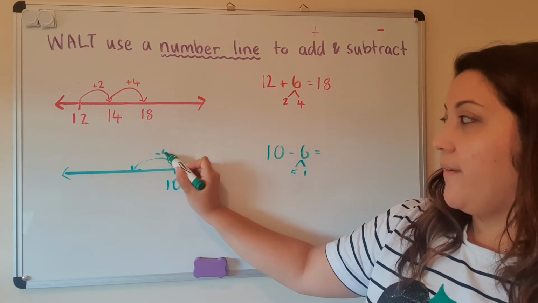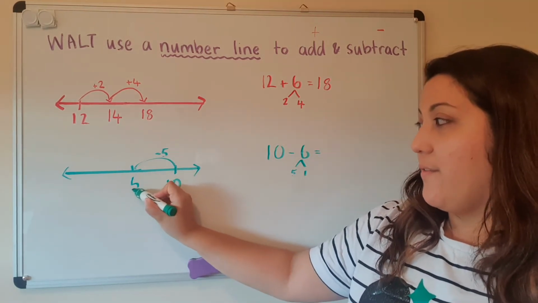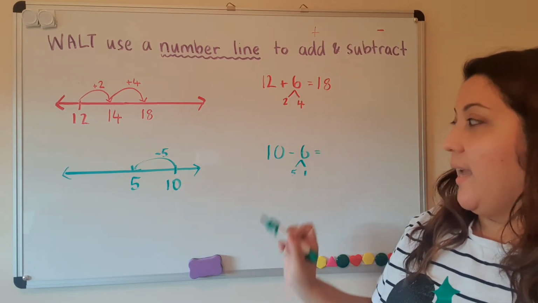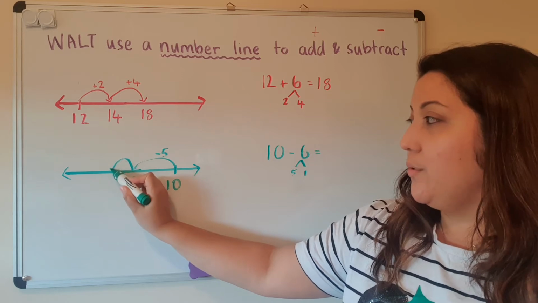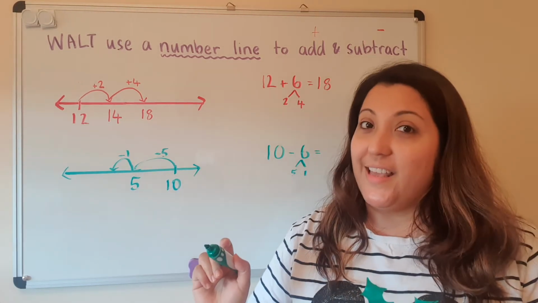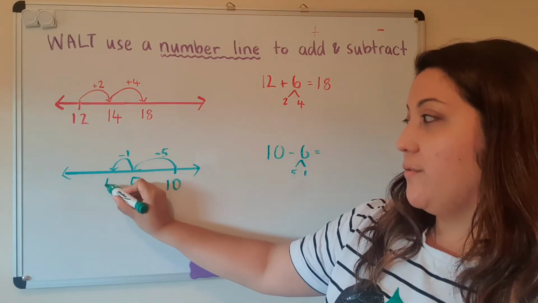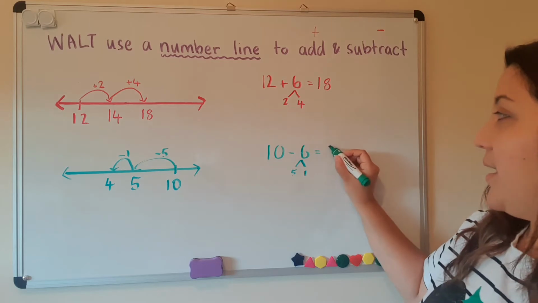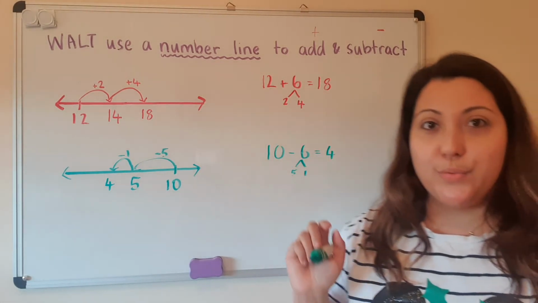We do minus 5 at the top of the jump, and you might already know, well, I know 5 and 5 makes 10. And so then you just need to take away one more. So you do a little jump, minus 1. And if I remember how to count backwards, I will know that 1 before 5 is 4. And then I have my answer. 10 minus 6 equals 4.